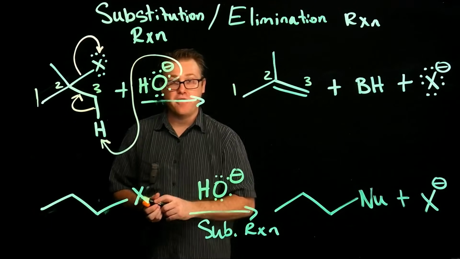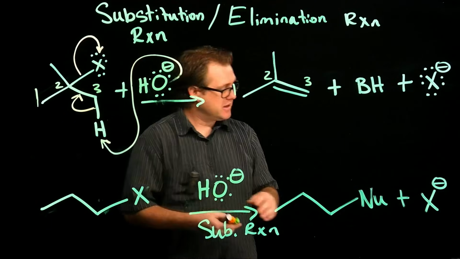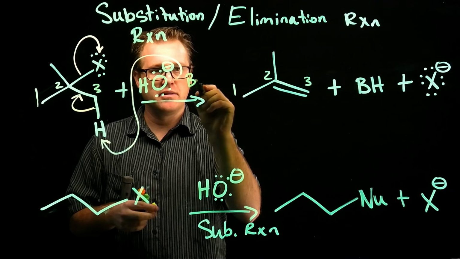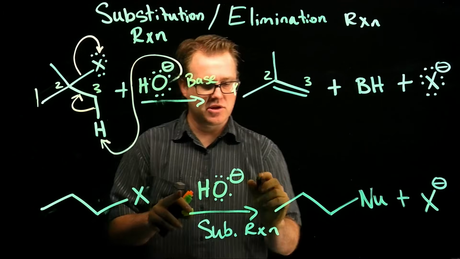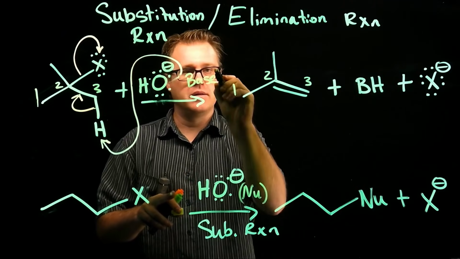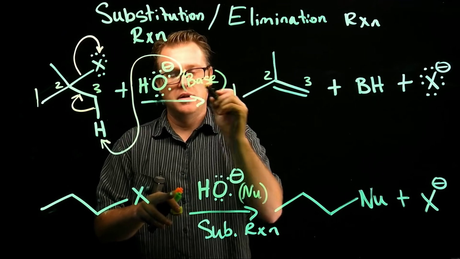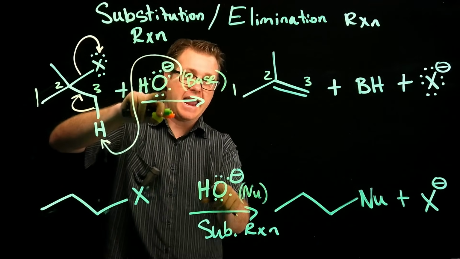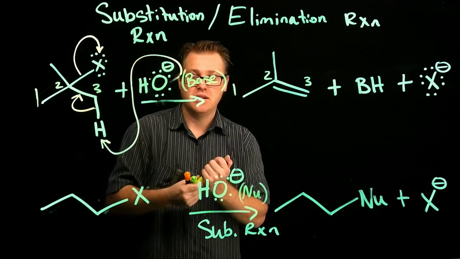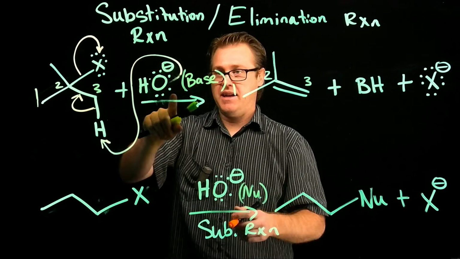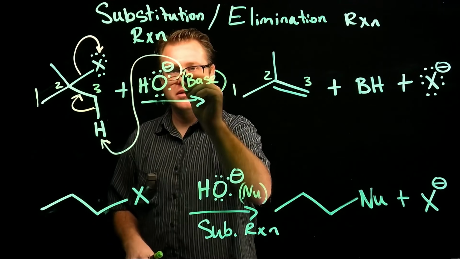So what is the difference between, let's do it in subscript here. We're going to call this one a base, and this one's going to be our nucleophile. They're the same molecule, but the way they behave mechanistically is different. Because in the base, you see the mechanism arrows, right?